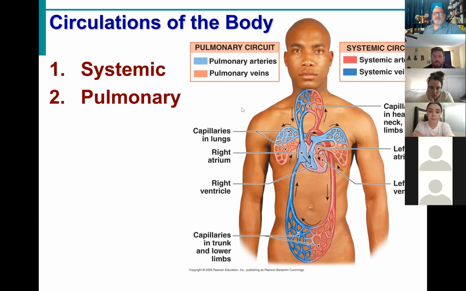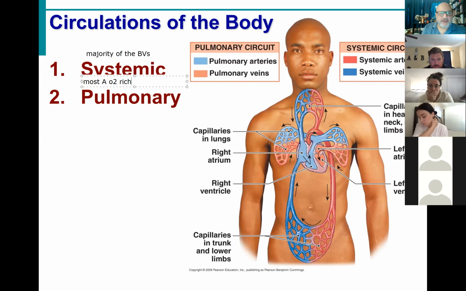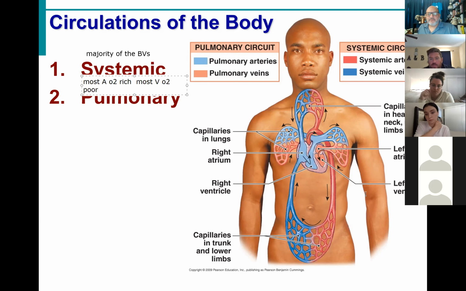The systemic circulation contains the majority of the blood vessels in the body. And so notice, as we've talked about, this is why we say that most arteries are oxygen rich and most veins are oxygen poor, because most arteries and most veins are systemic, and that's their function.